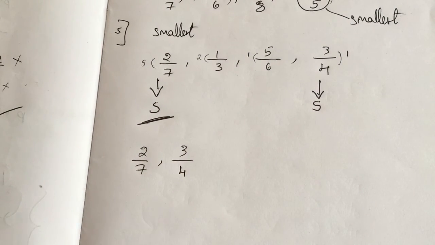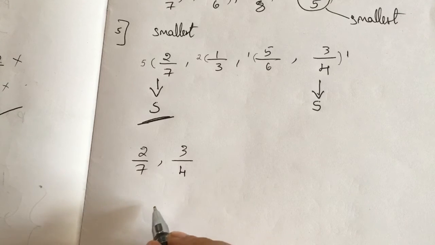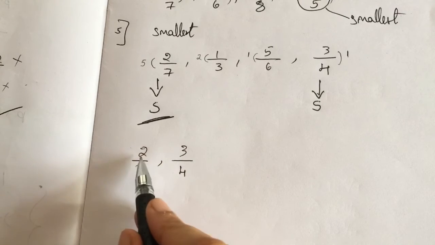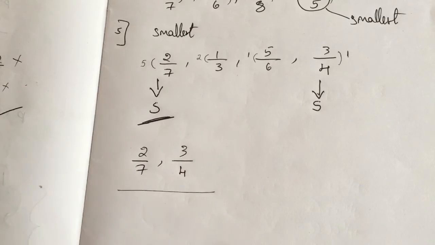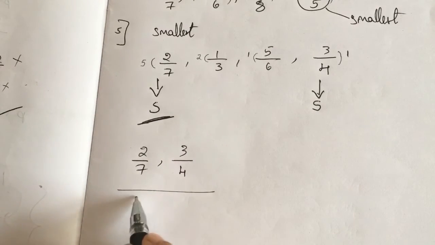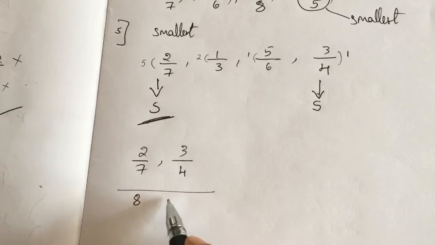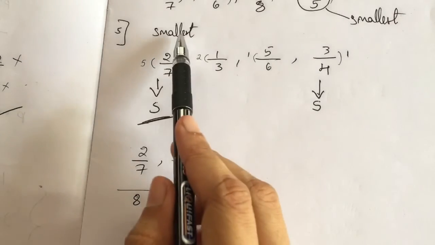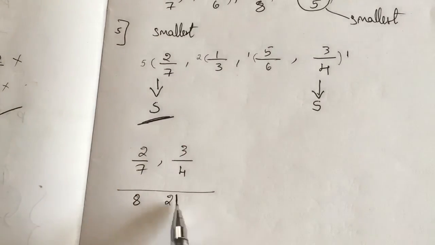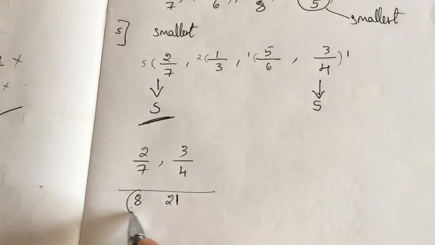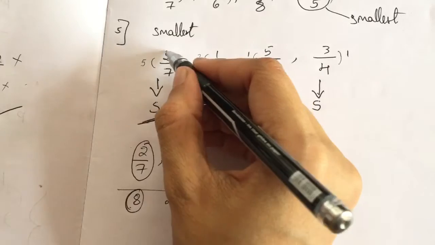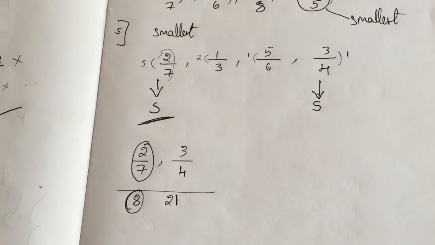For that, I'll take the cross multiplication. When I do that, you just list out the numerators. 4 into 2 is 8 and 7 into 3 is 21. Since it is asked for the smallest one, this gives me the smallest numerator. So this is the smallest one. This is another way of doing it.